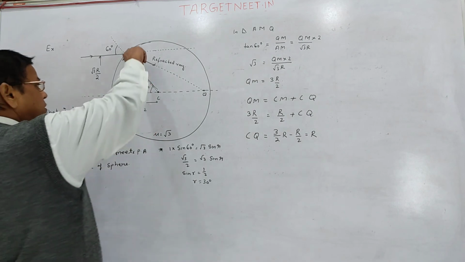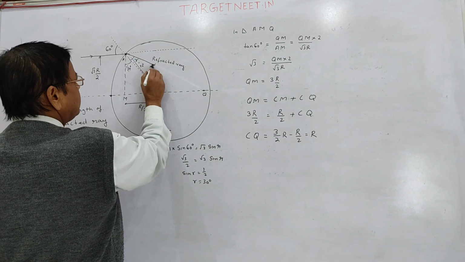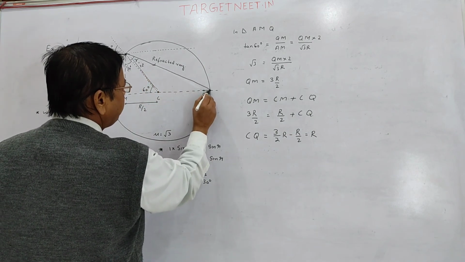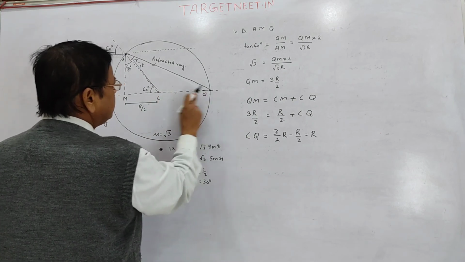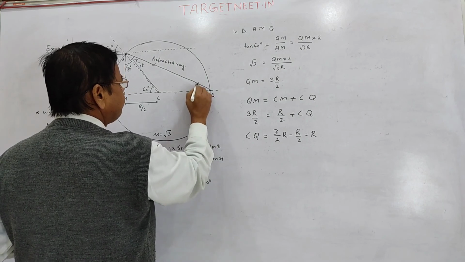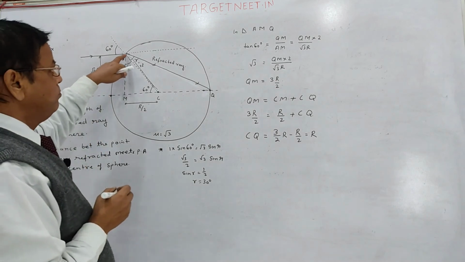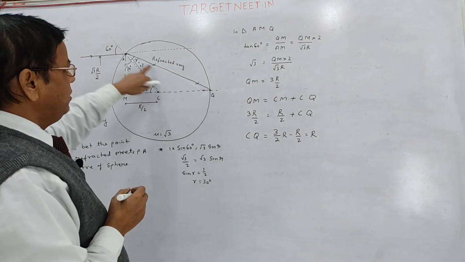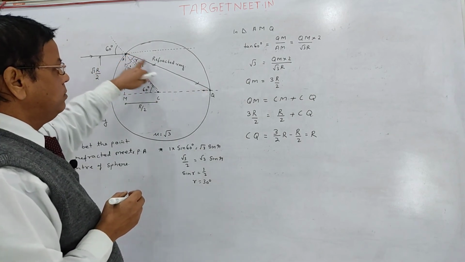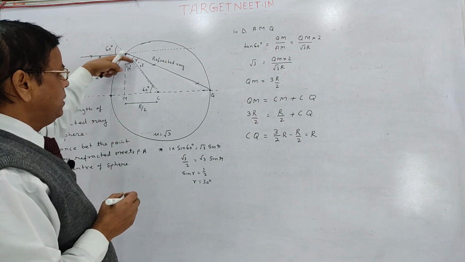It means this refracted ray will meet the principal axis here, because this distance is R. So point Q will be somewhere here. Now you know this is the length of the refracted ray in the sphere, and this we can now find, because I know this angle, that is 60 degree.